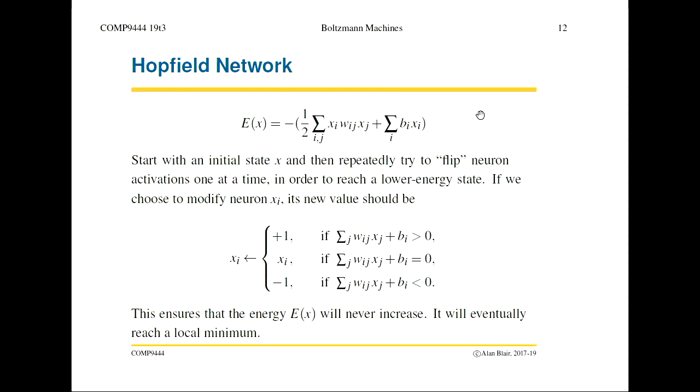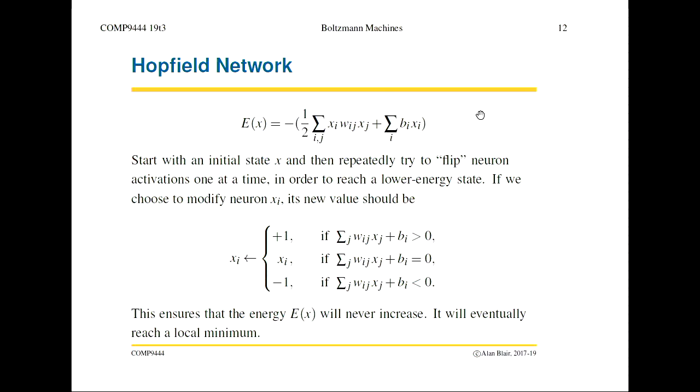If the energy will go down, then you make the change. But if the energy either stays the same or goes up, then you don't make the change, you stay with your current value. So if you look at that energy function, you try to figure out what will be the change if xi changes.